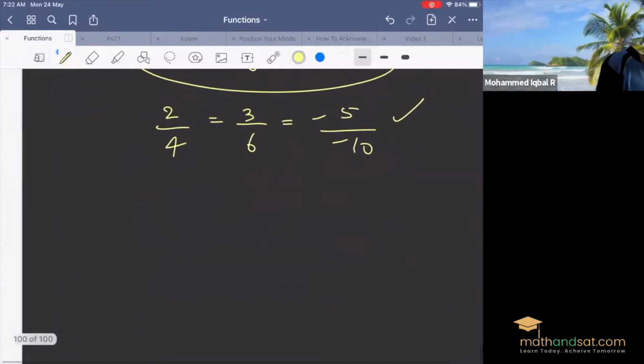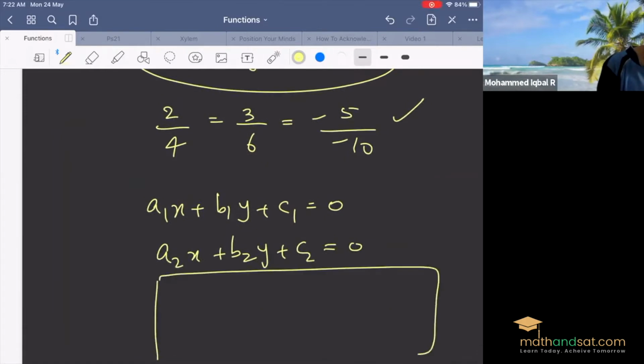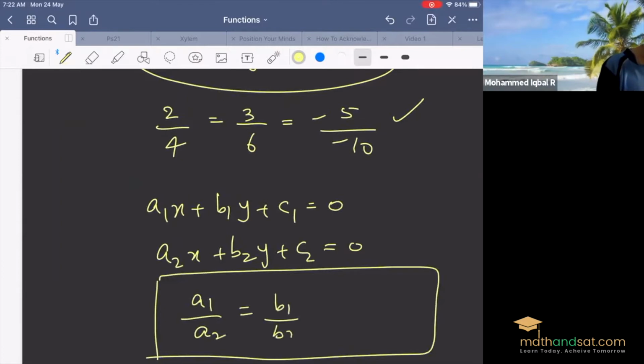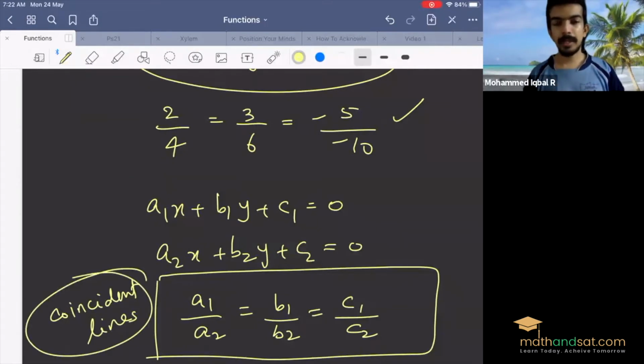If you have a1x plus b1y plus c1 is equal to 0, and a2x plus b2y plus c2 is equal to 0, the condition for the lines to be coincident is a1 by a2 is equal to b1 by b2 is equal to c1 by c2. Coincident lines. Clear? Is that clear?